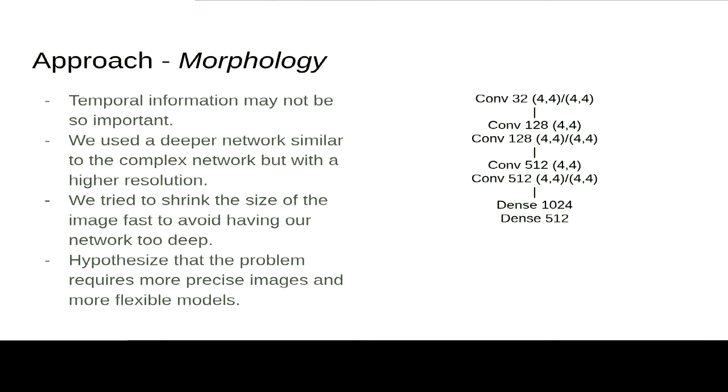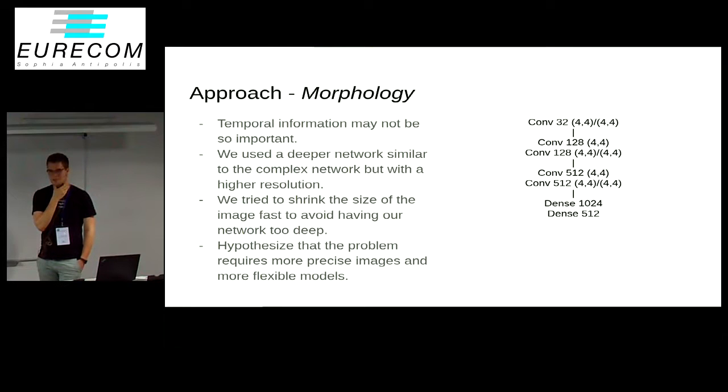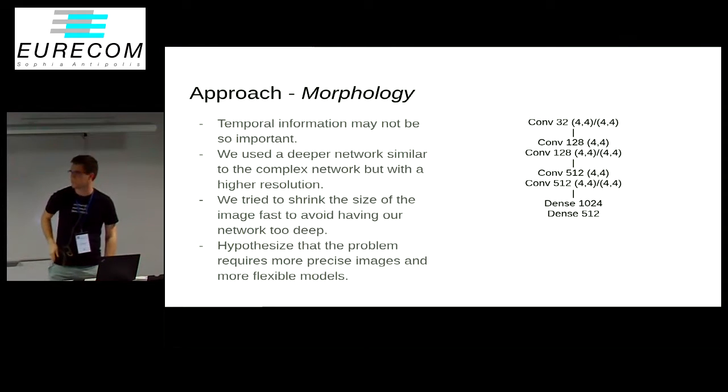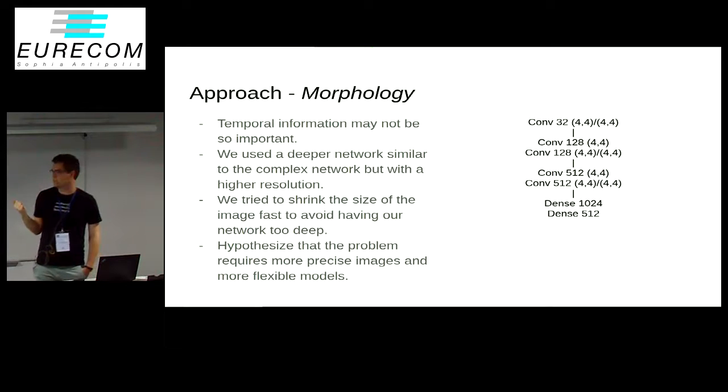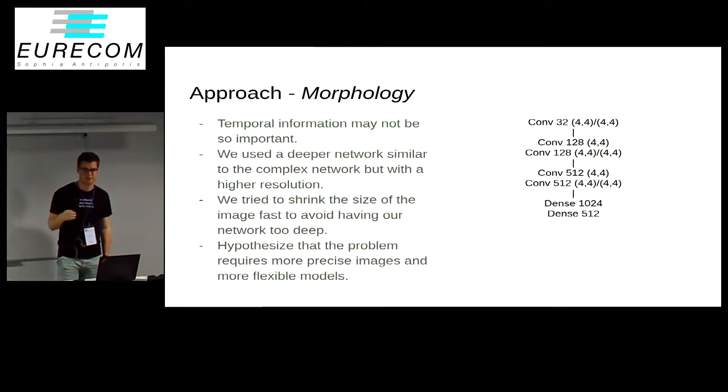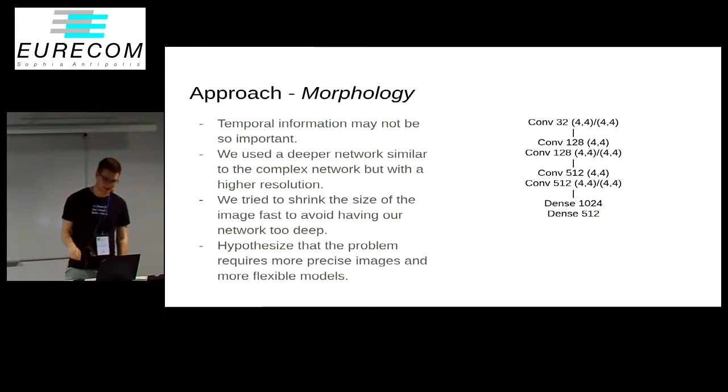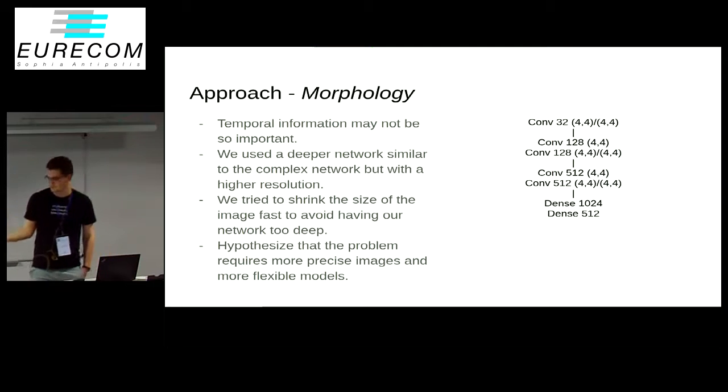In morphology, however, temporal information may not be that important at all. So we try to preserve the resolution of the image instead. So yeah, our network isn't that deep here either, and it's similar to the more complex network from the previous one for the motility. Yeah, and it's still pretty simple.